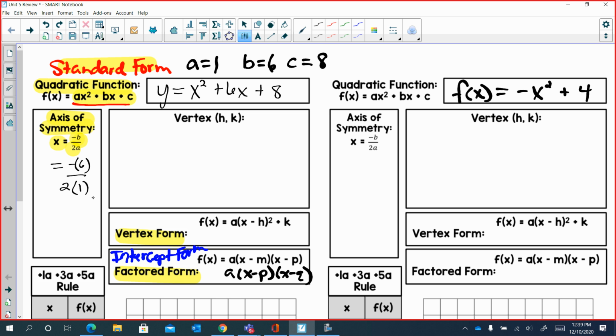All right. So this gets simplified to negative 6 over 2. What's negative 6 divided by 2? So x equals negative 3. That is our axis of symmetry. Okay? So if you wanted to, you could show that line.